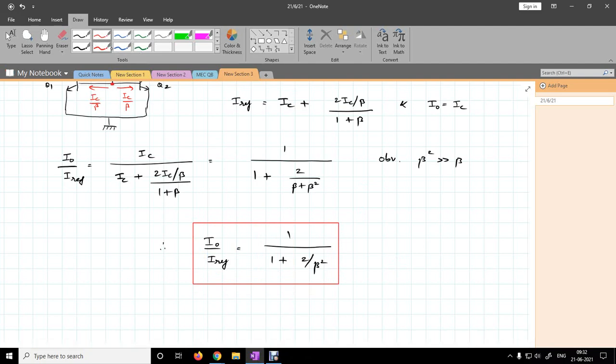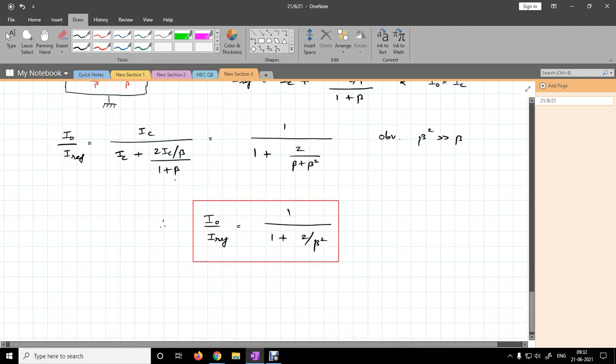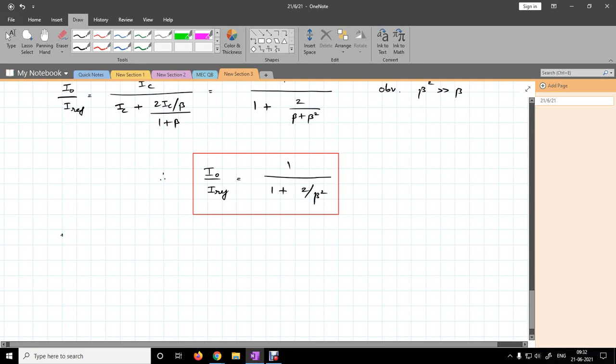So from this, what do you gather? Simple. If beta is 100, for example, then I naught by I reference will be actually 0.9998. Okay, this is nothing but 99.98%, which means the error percentage is now 0.02%.